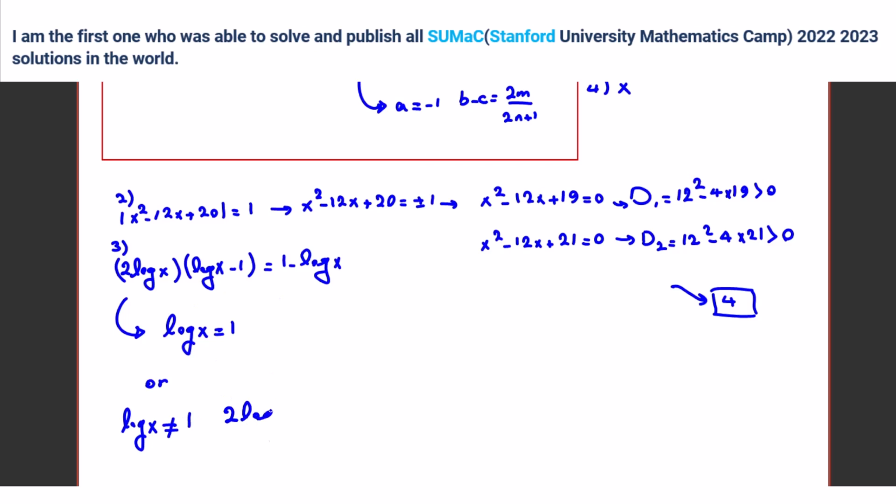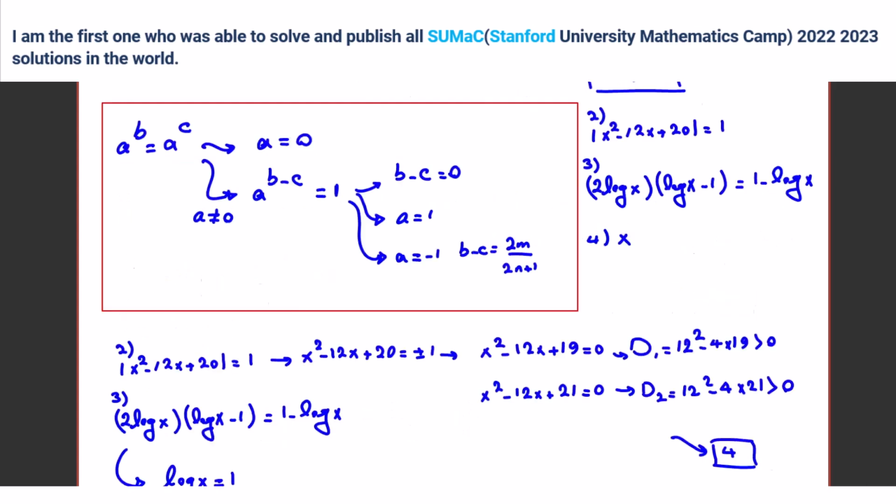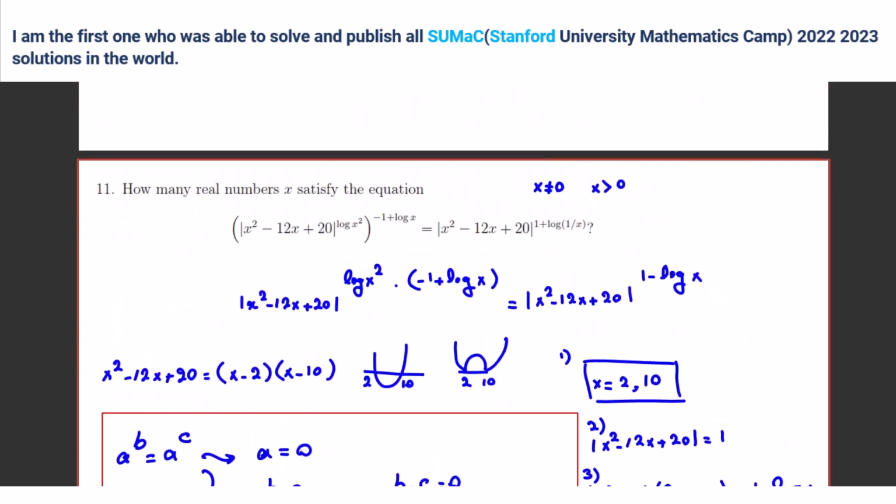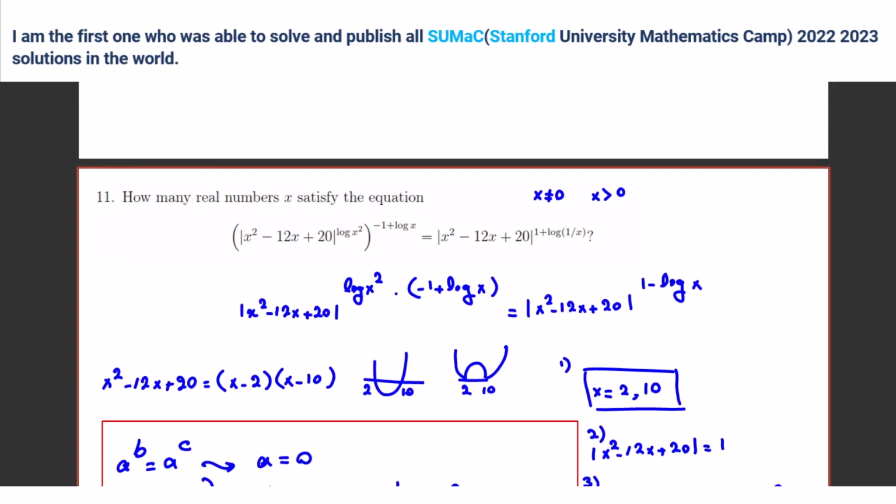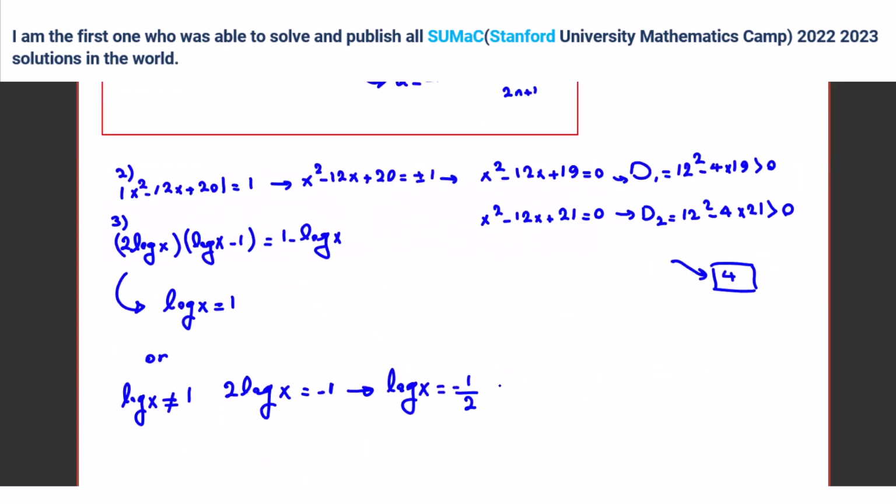So in this case, 2 log x is -1. So log x is -1/2. The problem doesn't say the base of log, so we can consider base 10. Then x is 1 over square root of 10, 10 to the -1/2.